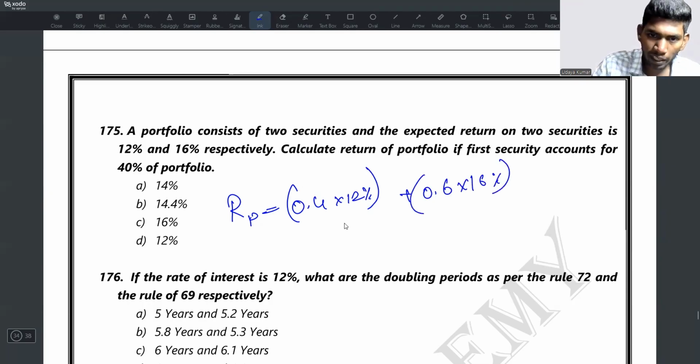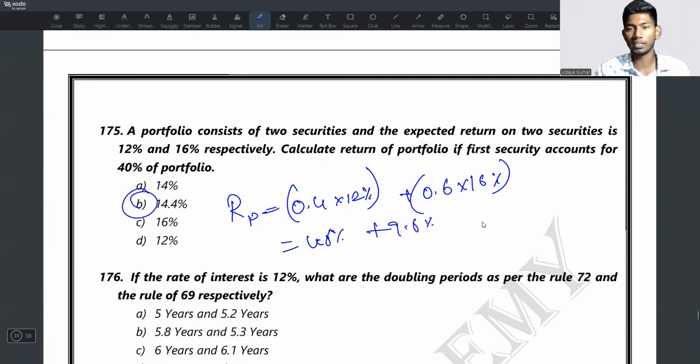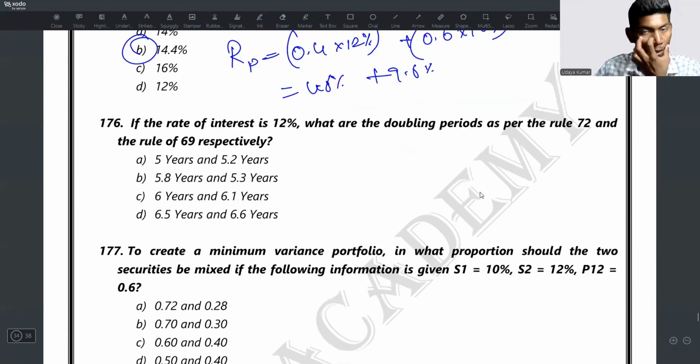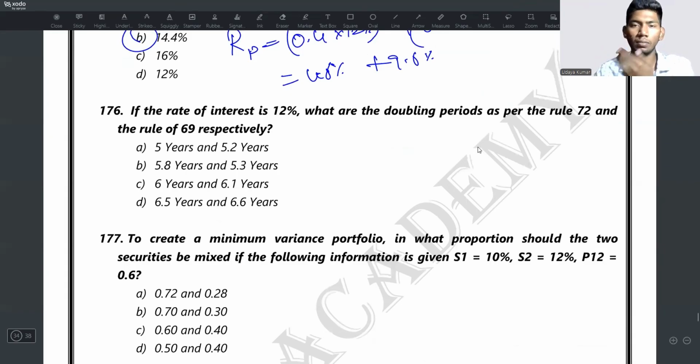That is 4.8% plus 9.6%, which gives 14.4% as the return of the portfolio.